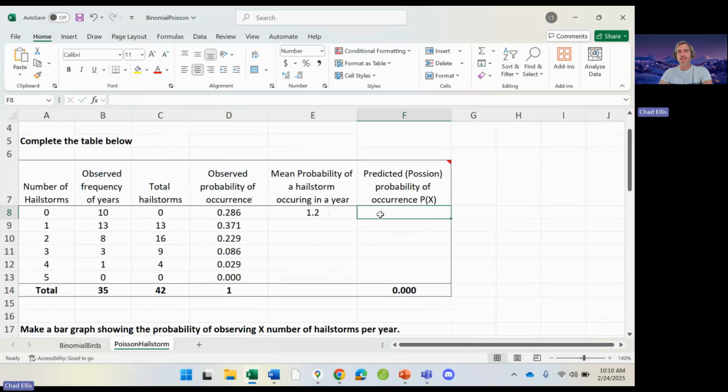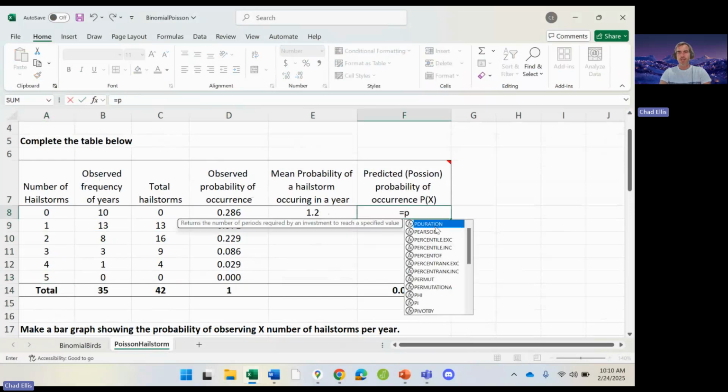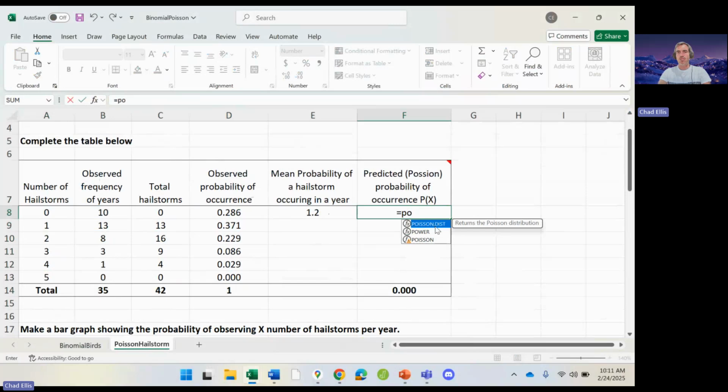So now I have everything I need to calculate my Poisson distribution, which is basically giving the probability of observing 0, 1, 2, 3, 4, or 5 hailstorms. So in Excel, the way that we do the Poisson distribution, you can just type in =PO, and that's the expression right there.